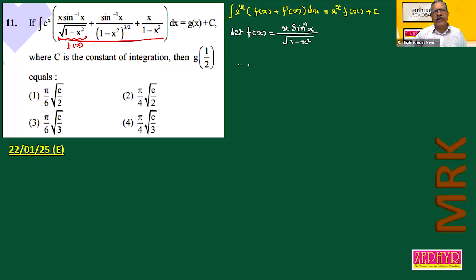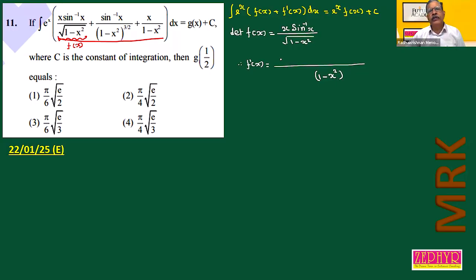Therefore, f dash of x equal to, in the denominator you have got root 1 minus x square. You have to use quotient rule, and in the numerator you have to use product rule, quotient rule as well as product rule.